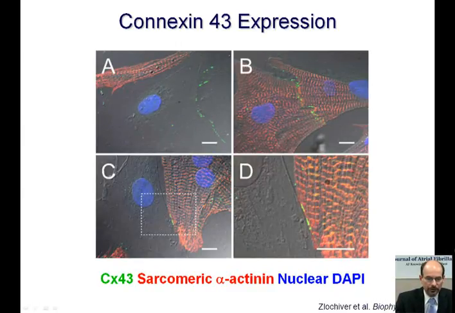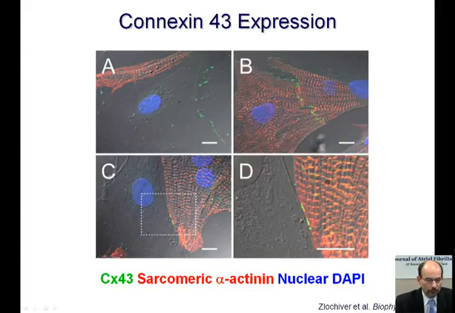On panel B, you see these green spots that correspond to Connexin 43 gap junctions between two myocytes, and panel D is a zoom in into the area between myocytes and myofibroblasts, and we can see here in green again gap junctions indicating a possible coupling between the two cell types.